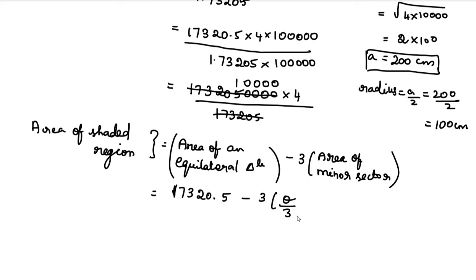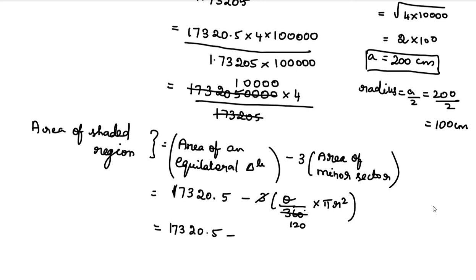Theta by 360 degree into pi into r square. So 17,320.5 is this. When I cancel, what will I get? 120.